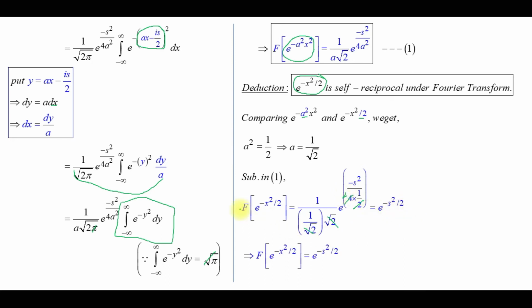That is, Fourier of e power minus x square by 2 equal to e power minus s square by 2. Note that both are the same. The only difference is here x, here s. Therefore this function is self-reciprocal under what transform? Fourier transform. So this implies e power minus x square by 2 is self-reciprocal under Fourier transform.